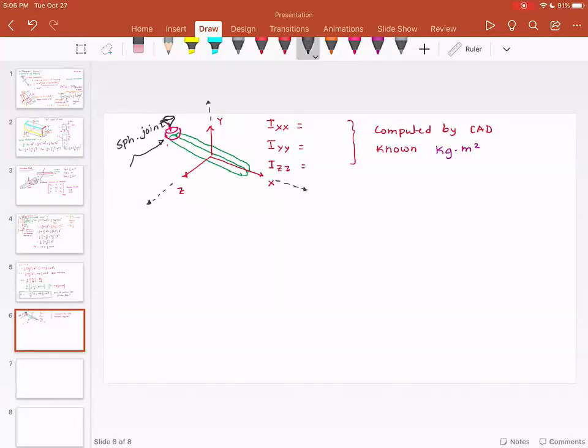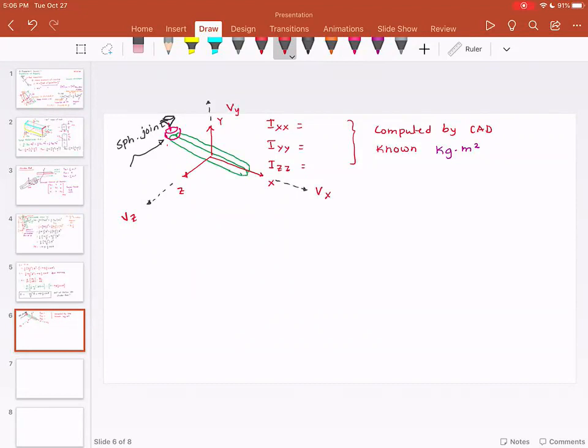Now, some of you may ask me, what does it mean when you have translation about X, translation about Y, and translation about Z? What I'm trying to say here is, it could have Vz, it could have Vx, and it could have Vy.